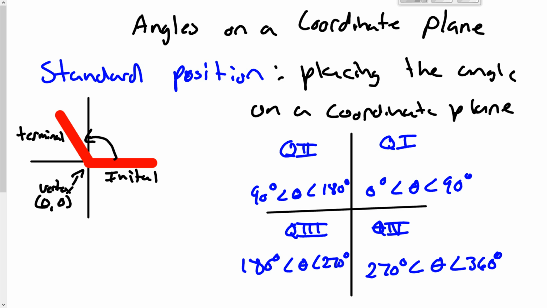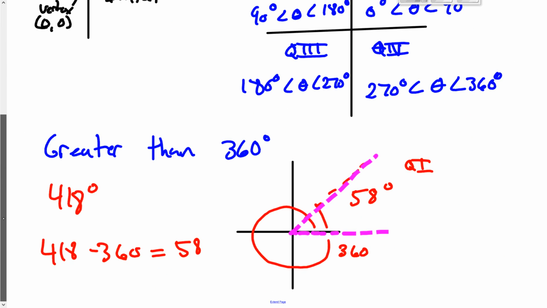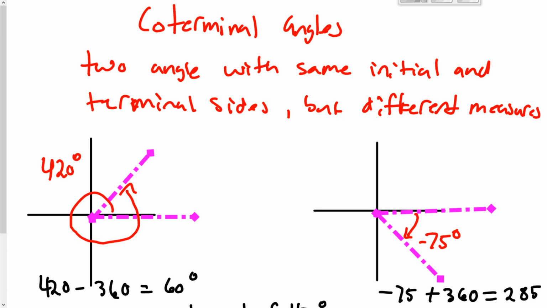A coterminal is having 2 separate angles with the same initial side, which they all start at the x-axis, and the terminal side where they end is exactly the same as well, but they're different measures.